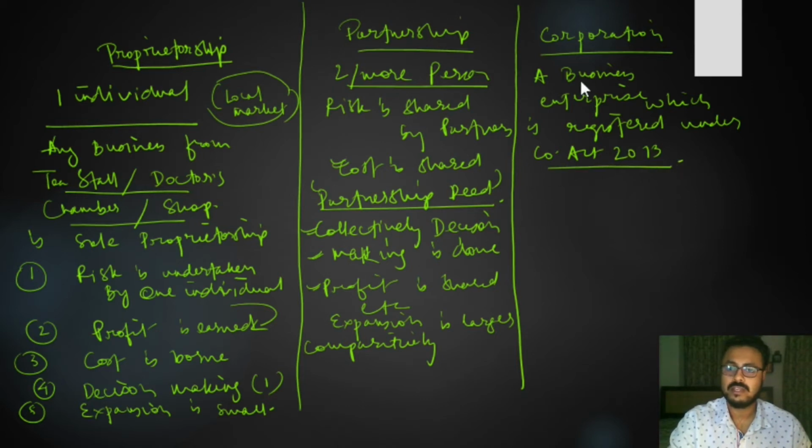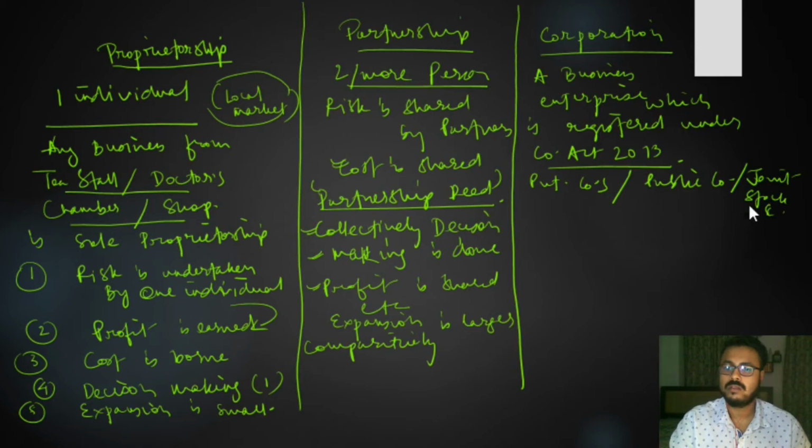So basically under Companies Act, a business enterprise needs to be established to be called a corporation. So we have private companies, public companies, joint stock companies.